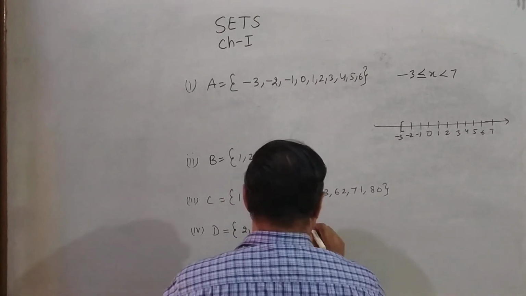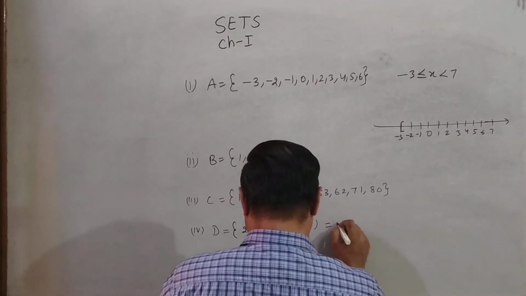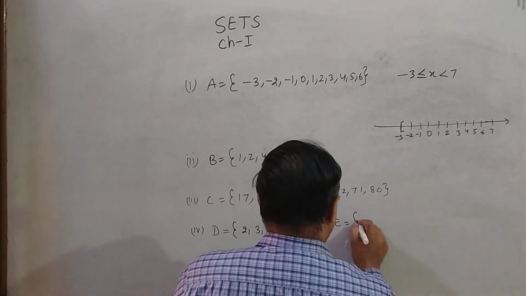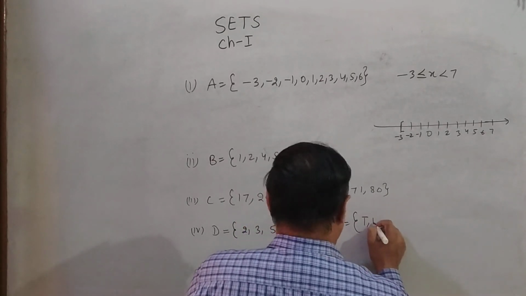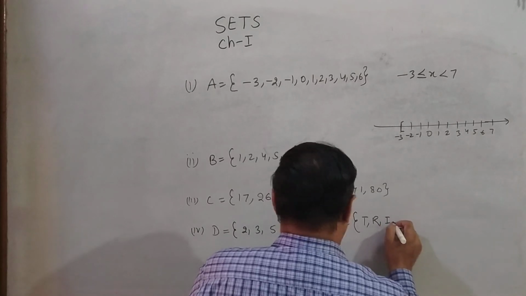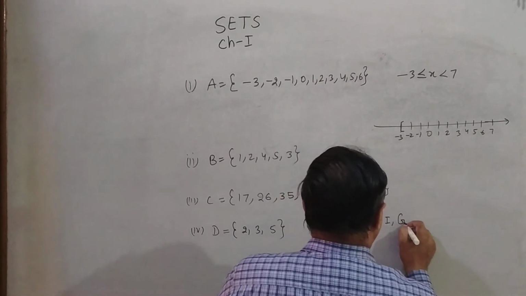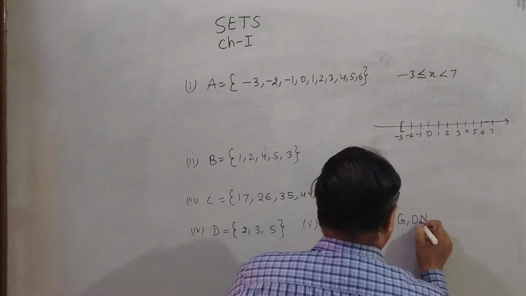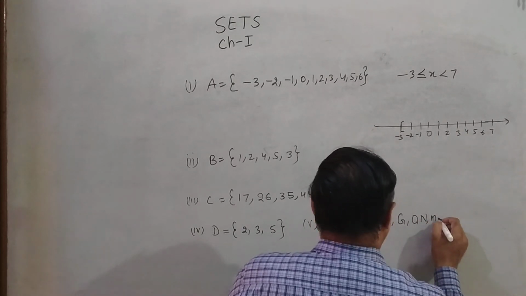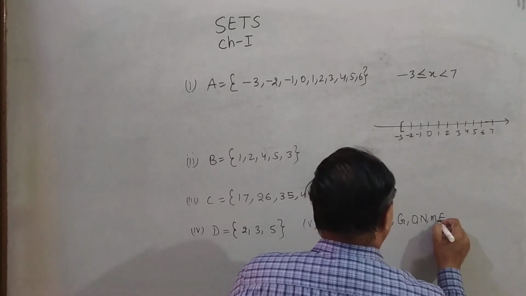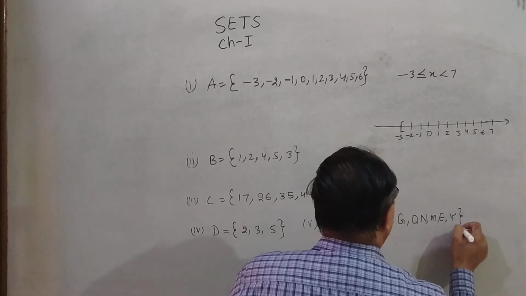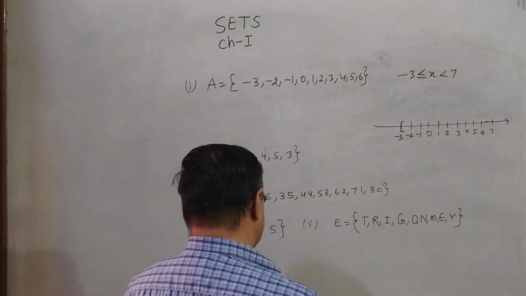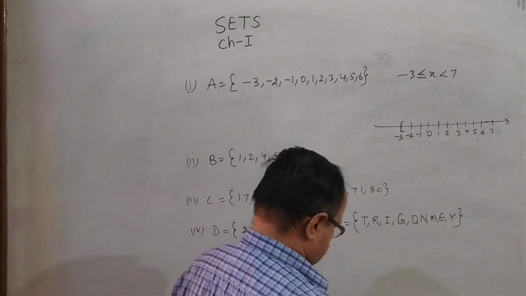So for the fifth part, set E: T, R, I, G, O, N, M, E, Y. Because T and R were already written by me. So this is the answer. Clear?